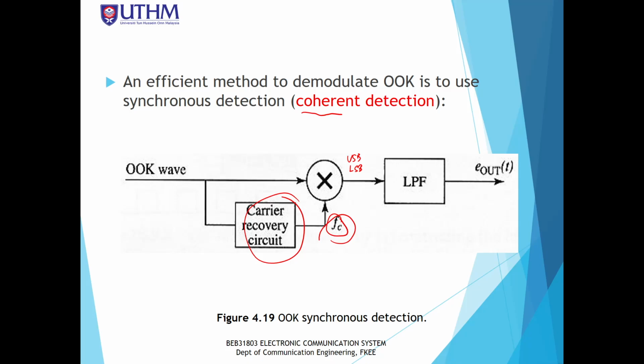In this case, we are using a low pass filter to select the low frequency signal, which is the LSB, and remove the high frequency signal. And we're going to produce the original output. The output here is going to be either digital or analog.